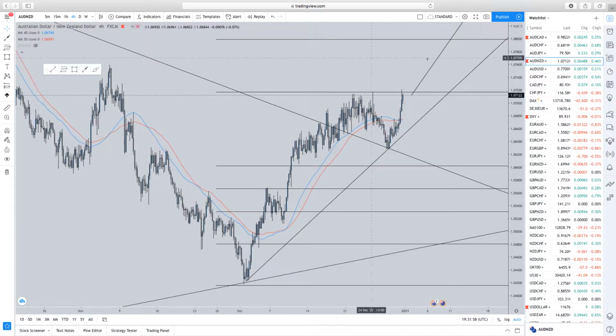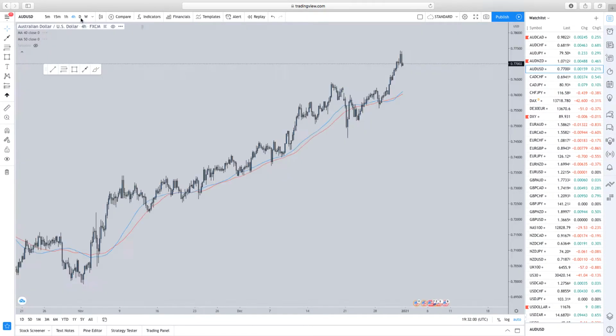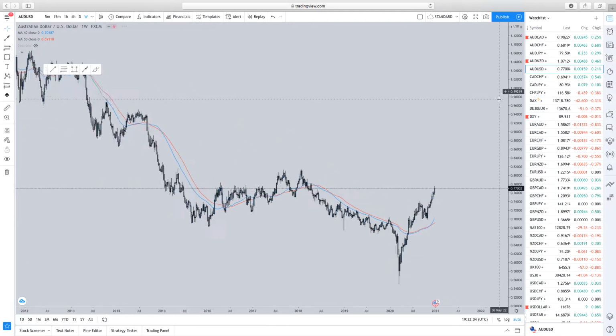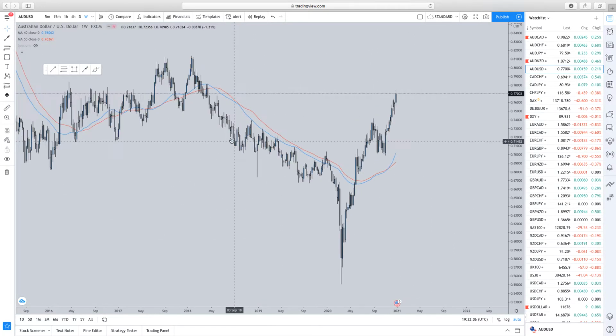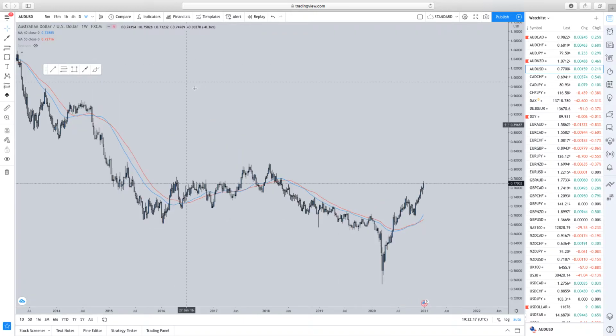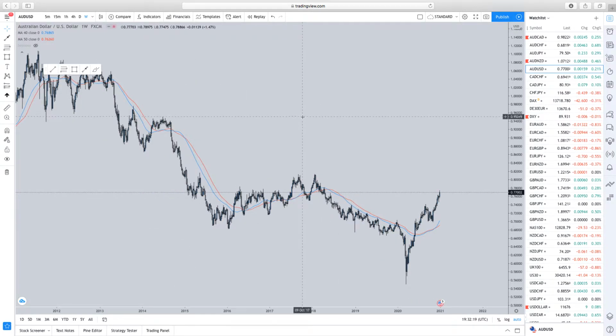AUD NZD. AUD USD. It's a strong bull move.